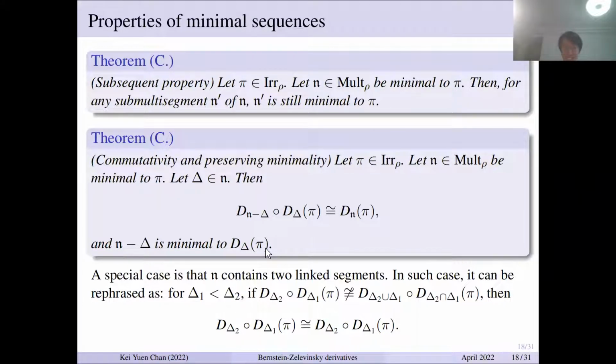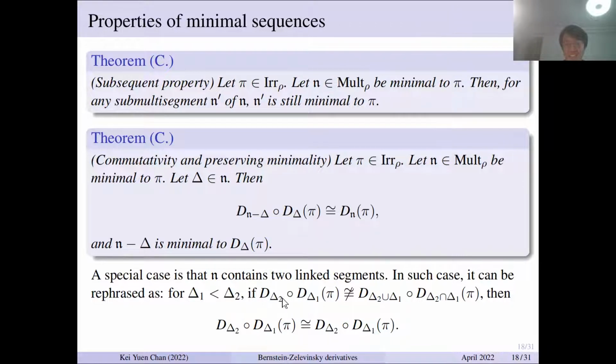And the special case is when n is just two linked segments, so it means you can do the intersection union process. Then when you arrange in the ascending order, delta 1, delta 2, if you do the intersection and union process, it is not the same.